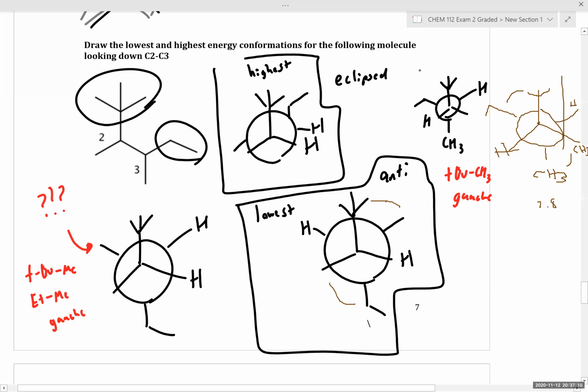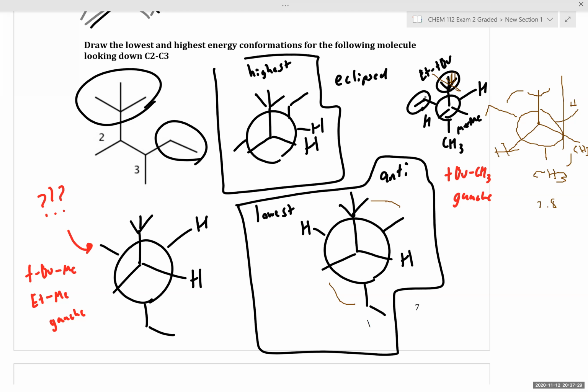This one has an ethyl t-butyl and a methyl, and because the t-butyl is so bulky, it's more sensitive to this bulkier ethyl group. Oh, okay, I see.